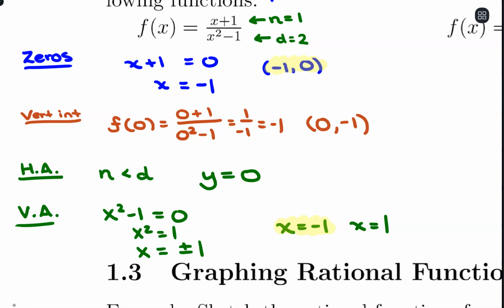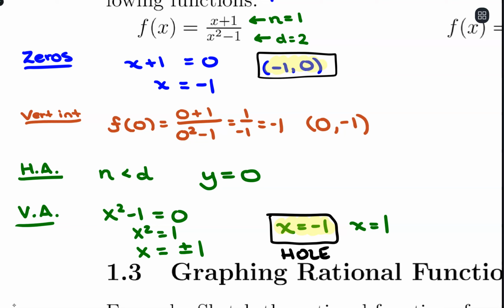So we'll come back to that idea. But basically, I'm going to give it away anyway. When the 0 is the same as a vertical asymptote, that's going to create a hole in the graph. So we'll come back to that, but I just wanted to mention that here where we're solving, basically we found the zeros, even though that 0 technically is a hole in the graph, because we got something that's actually undefined.